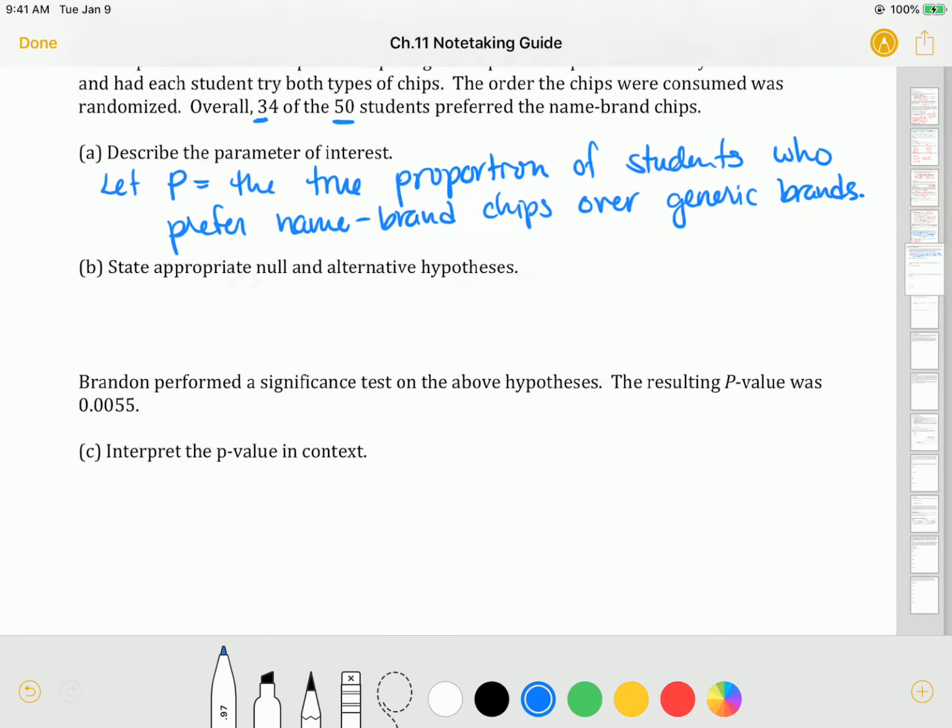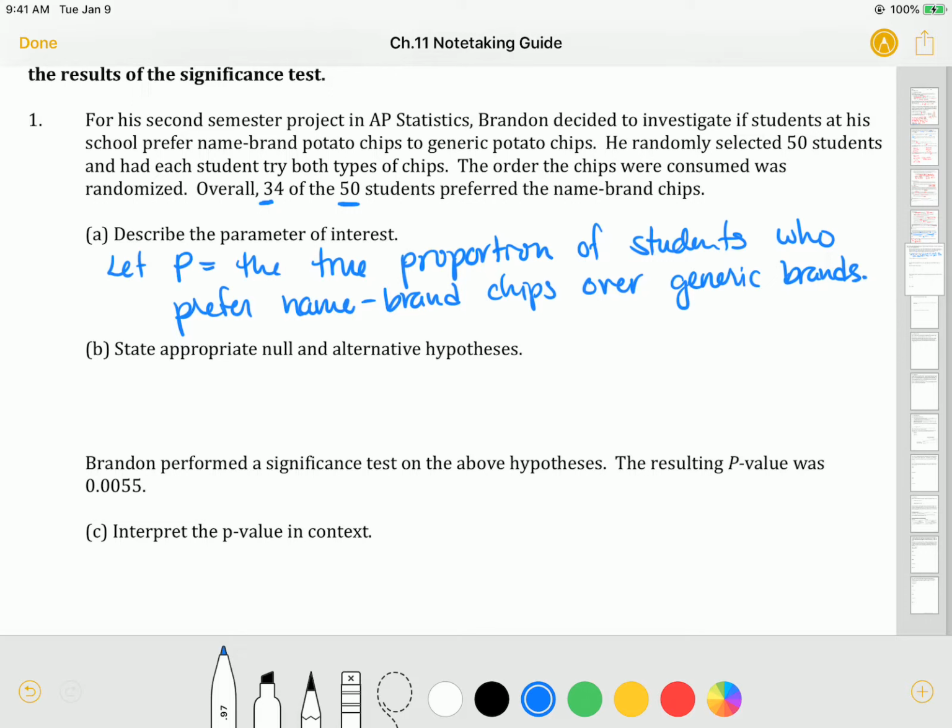So, let's see here. He wants to investigate if students at his school prefer name brand chips over generic brand chips. It can be kind of confusing which way we want our alternative to go. So what we're going to assume is that if there wasn't any difference in preference, there'd be an equal amount of students that like name brand and an equal amount of students that like generic brand.